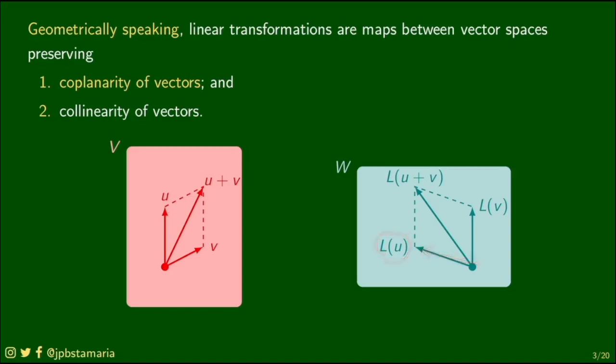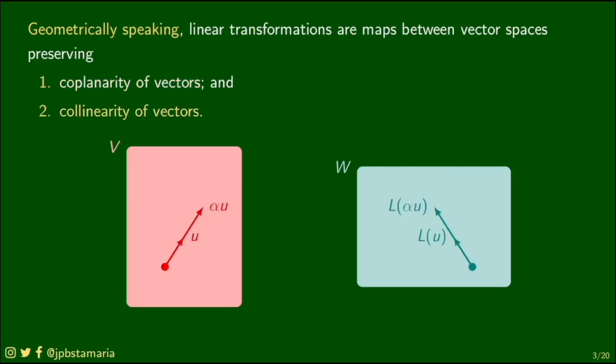This v as well will have an image L of v in W, and also the sum u plus v will have an image L of u plus v that will lie in W. So for the coplanarity to be preserved, it must follow that the image of the sum must be the sum of the images. That is what equation 1 is telling us. The image of the sum must be equal to the sum of the images.